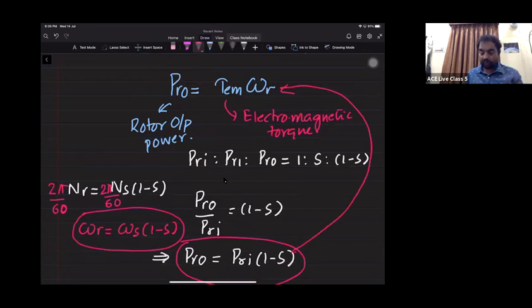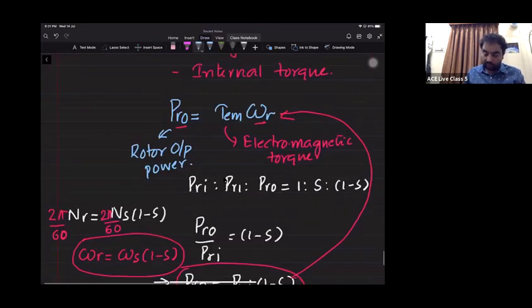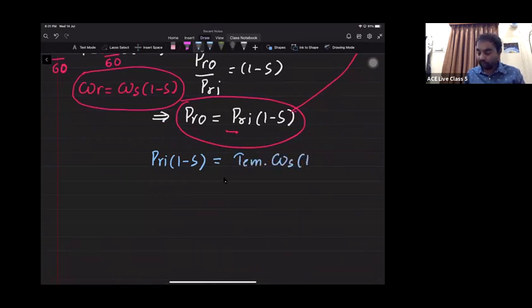In place of rotor output, I'll write rotor input into 1 minus S is equal to electromagnetic torque into, in place of omega R, omega S into 1 minus S. Then you can see 1 minus S, 1 minus S will get cancelled.